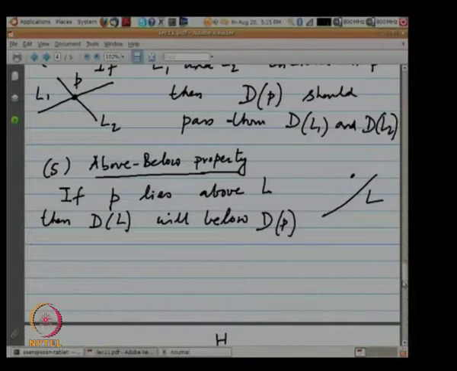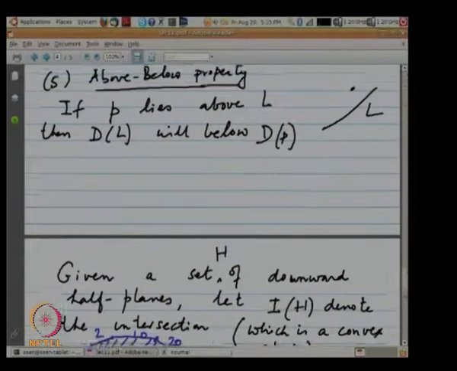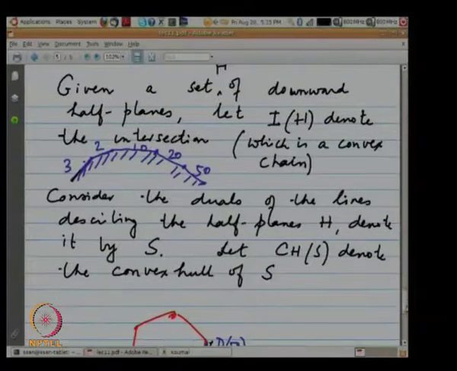That follows from the previous property. And then there is another important orientation property, which we call the above-below property, that if a point P is above L, then the dual of the line will be below the dual of the point.